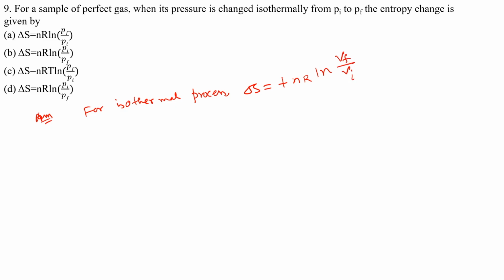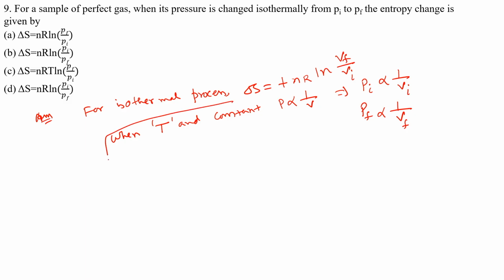Okay. So, isothermal process means T is constant, when T and n are constant, P is proportional to 1 by V, so Pi is proportional to 1 by Vi and Pf is proportional to 1 by Vf.